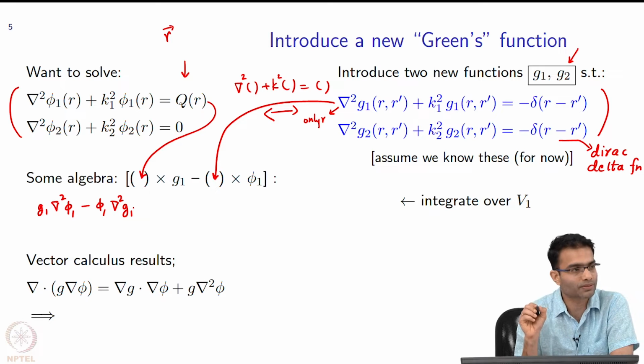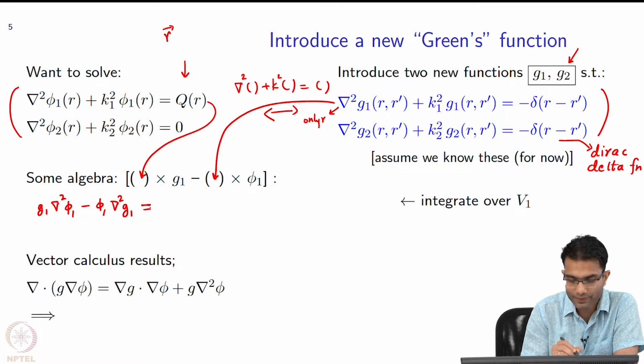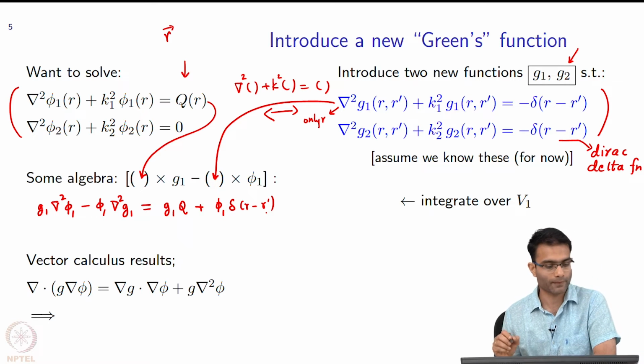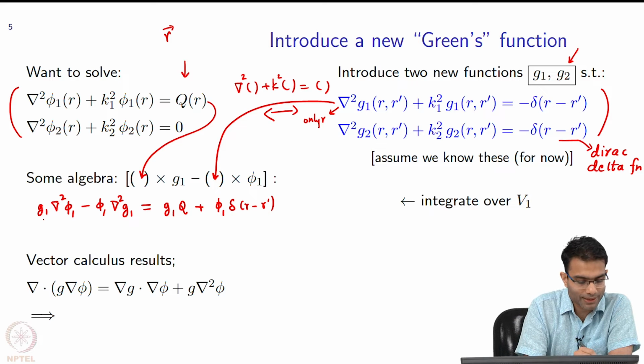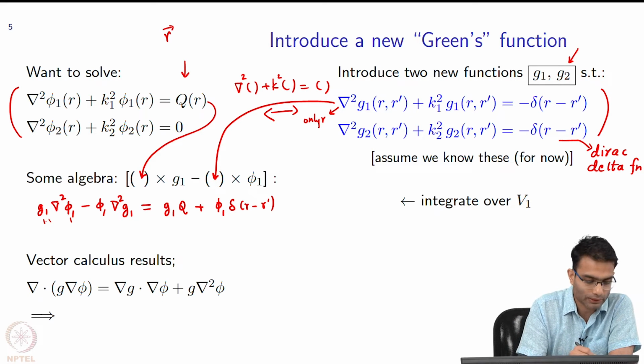K squared term goes away, and now I am left with the right hand side. So the right hand side was, or rather is, q, okay, plus phi 1 delta r minus r prime. Okay. I am being a little sloppy here. You know that all of these guys G1, phi 1, all of these guys are actually functions of r and r prime. Okay.